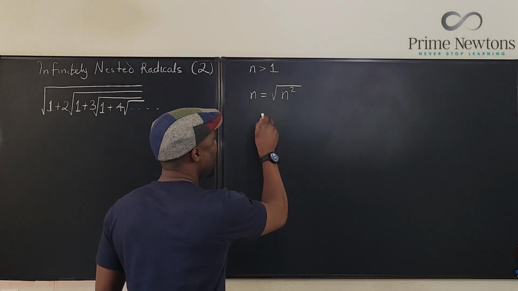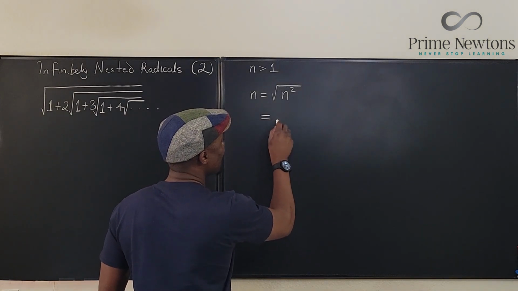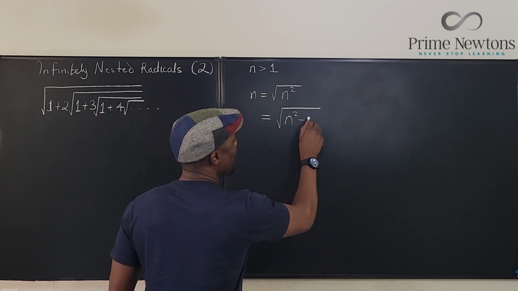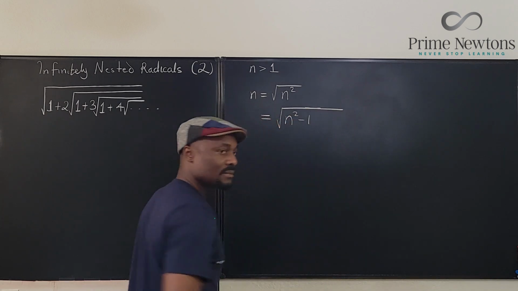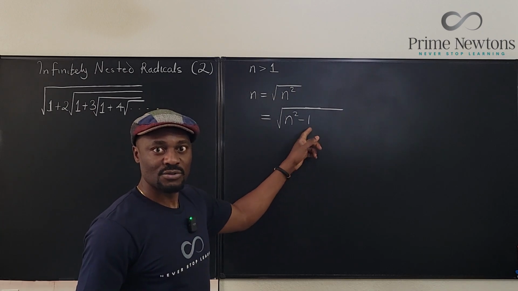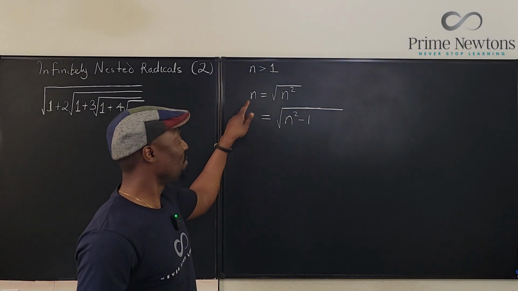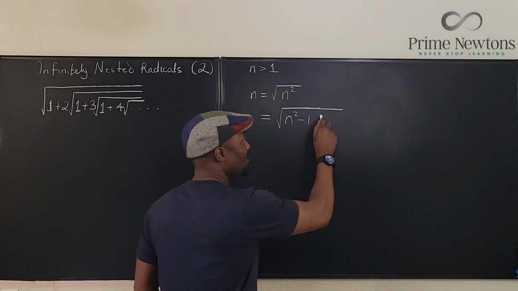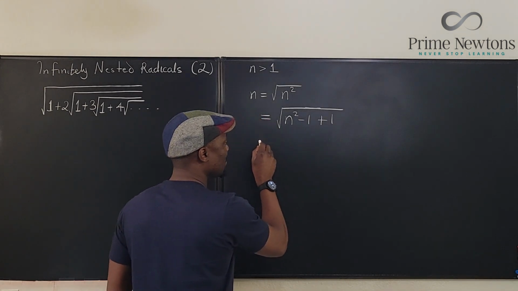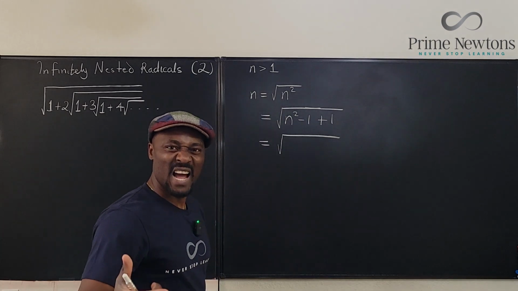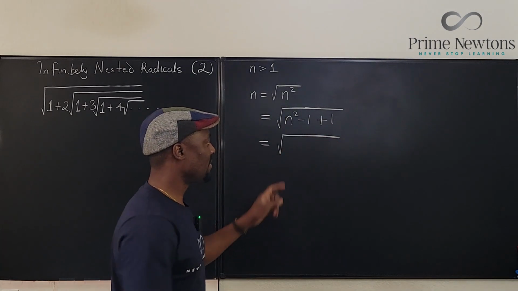So watch this. I could say, hey, this is the same thing as the square root of n squared minus 1. But because I know that subtracting 1 from n squared has destroyed the integrity of the original number, I have to add back the 1. So what does this look like? Let's make it nicer. I'm going to bring the 1 first.